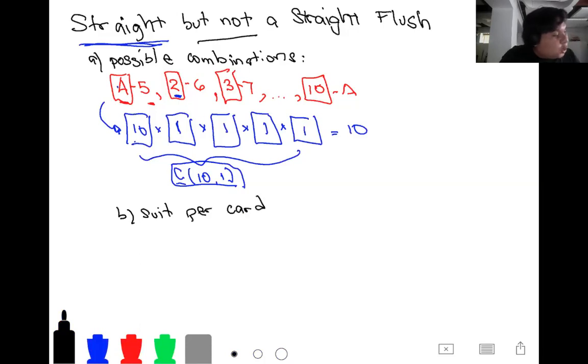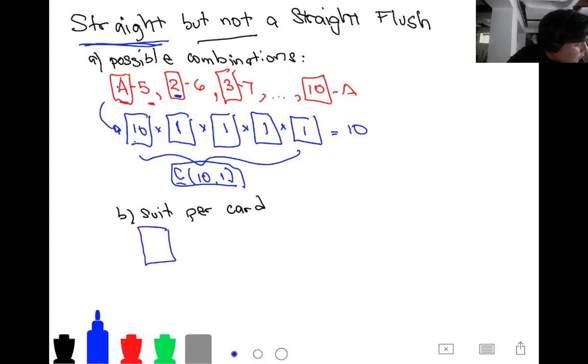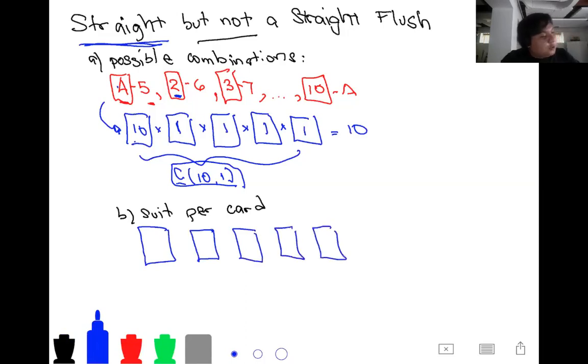What suit should each card be? The first part allows you to figure out what straight you're going to have. The next part, we're going to see what suit each card is going to be.